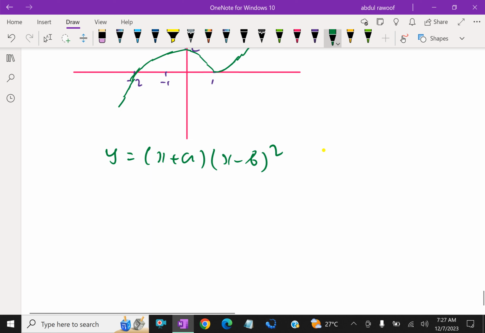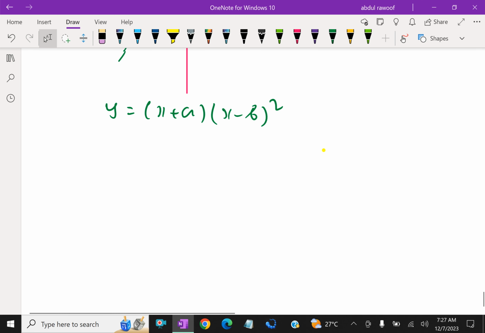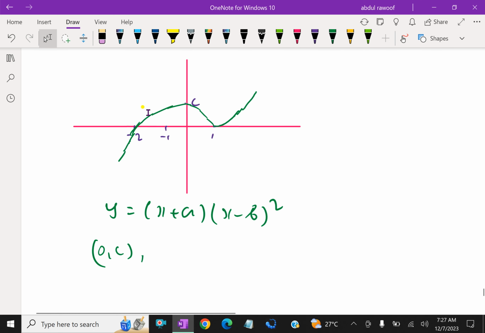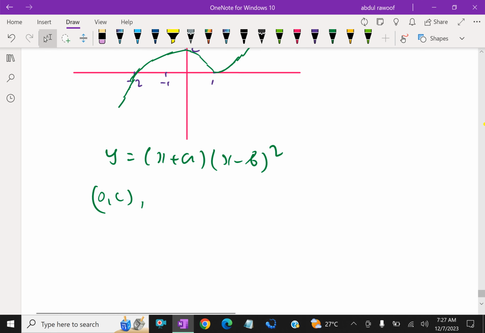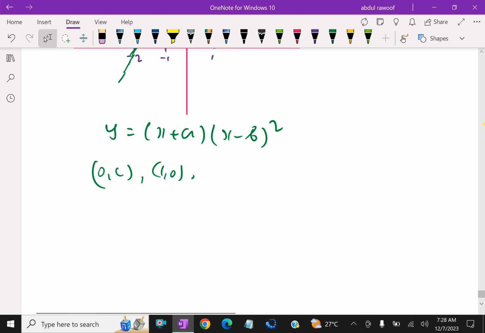From this, 0 comma c is a point, and 1 comma 0 is the other point.